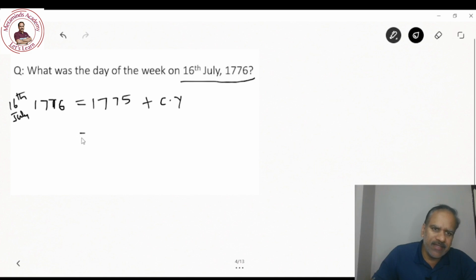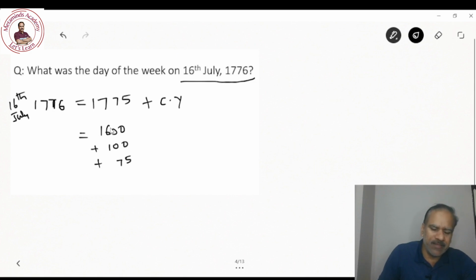So this 1775 years, you can convert this into 1600 years plus 100 years plus 75 years, right? Total 1775. Why convert like this? Because 1600 is a 400 multiple.